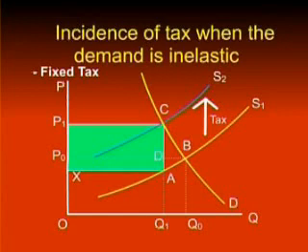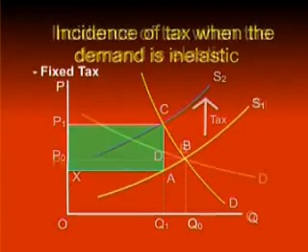The key thing to note here is the slope of the demand curve. The slope of the demand curve is very steep. Therefore, demand is characterized as inelastic, and therefore the consumer pays the brunt of the tax, and the government collects a lot of tax because the quantity demanded in equilibrium does not change very much.